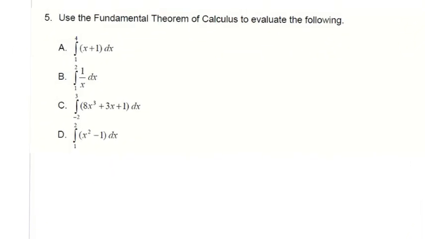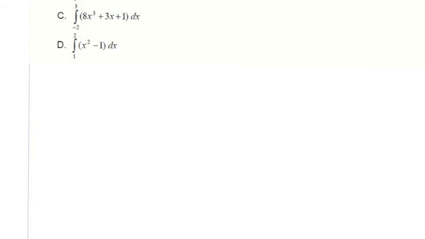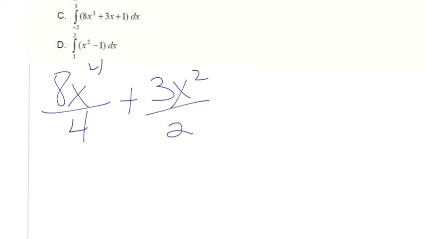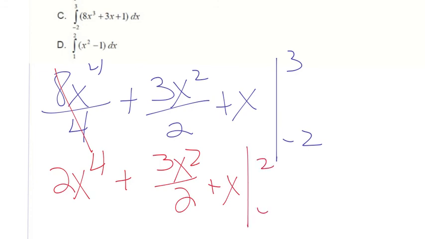Okay, so for B, I had said on the board you can skip B. That is a special antiderivative. We're not going to do it. For C, the antiderivative, add 1 to the exponent divided by the exponent for each term from -2 to 3. I am going to simplify. 8 divided by 4 gives me 2x to the 4th plus 3x squared over 2 plus x.